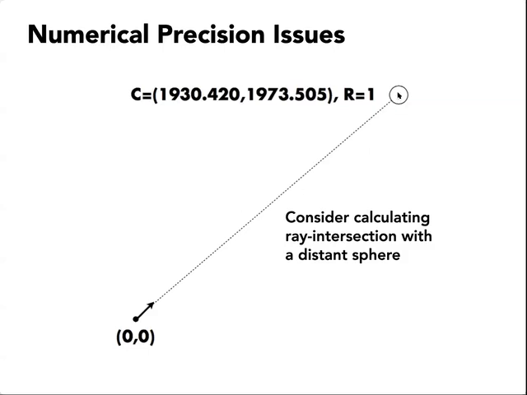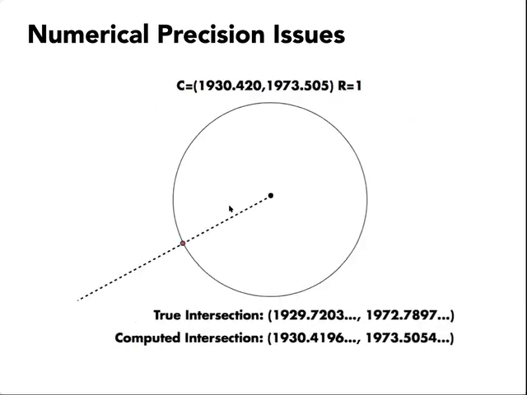Let's say that you have some sphere out in the world, some sphere with a radius of 1 and this specific center, 1930.420, and some y position, similar decimal places, out here in the world. And consider calculating the ray intersection with a specific ray pointed at that sphere. The actual sphere intersection you might get might be something like this, 1930.4196, blah, blah, blah.